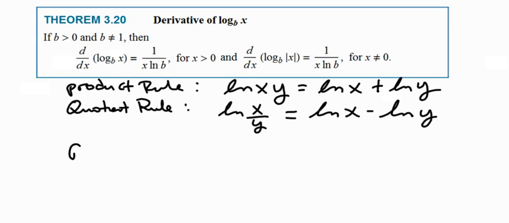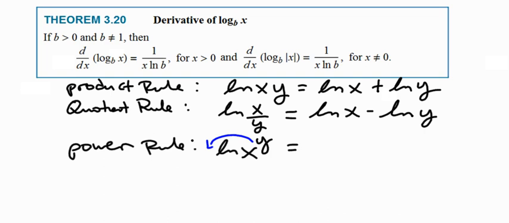And then we had the power rule. Remember, that's my favorite thing about logs. Power rule said that if we're given an ln or a log function of some answer part of the equation raised to an exponent, this exponent can come down as a multiplication factor.